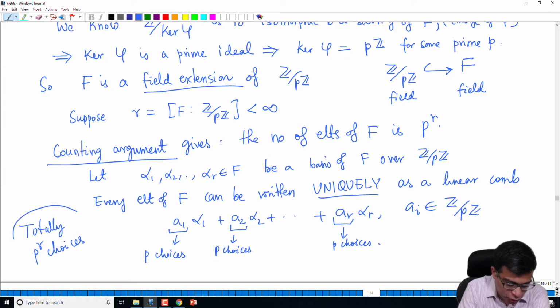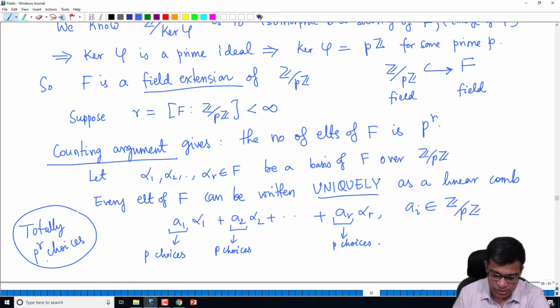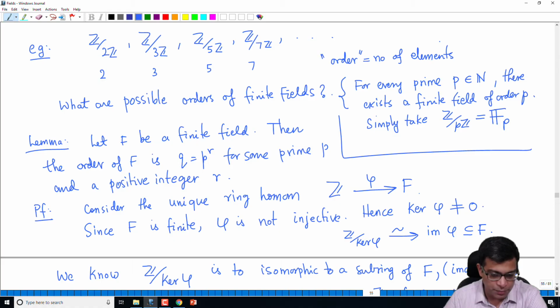So the important thing to notice is that each different choice gives a different element. That is a consequence of the fact that the alpha i's are a basis, and no two choices can give the same element because they are linearly independent. Every element of F can be written like that because they span. So that means there are exactly p power r choices. That means the number of elements of F is p power r. So the order of F is p power r.